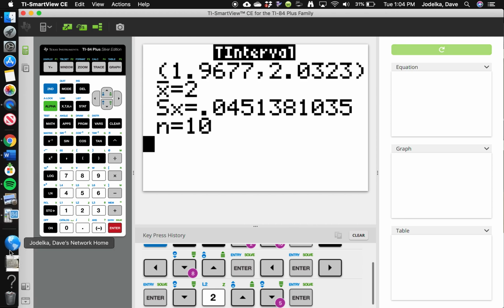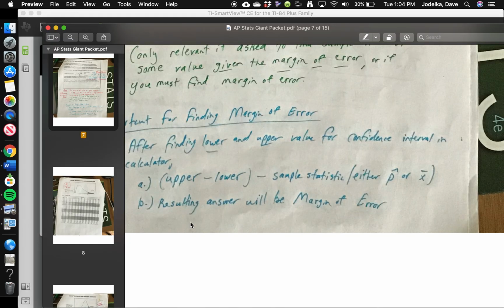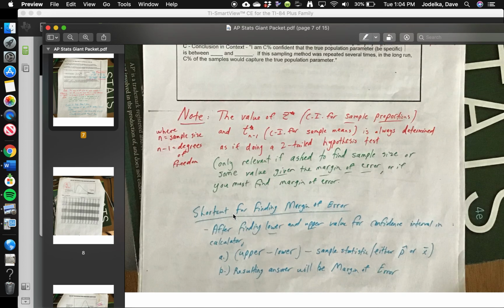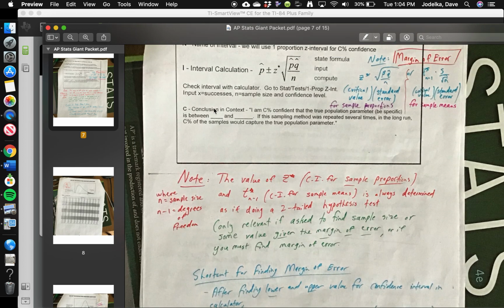So if there's some confusion about where those things came from or what they mean, know that a confidence interval, this sums it up right here: you are always trying to say, I am some percent confident the true proportion or mean of the population is between lower and upper.